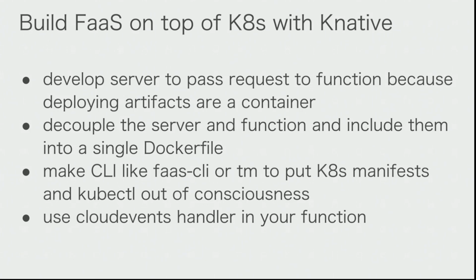Second, decouple the server and function and include them in a single Dockerfile. Third, make a CLI like FaaS CLI or TriggerMesh to keep Kubernetes manifests and kubectl out of consciousness. Finally, use a CloudEvents handler in your function. I will explain CloudEvents later.